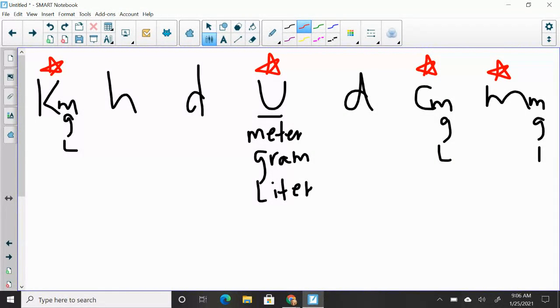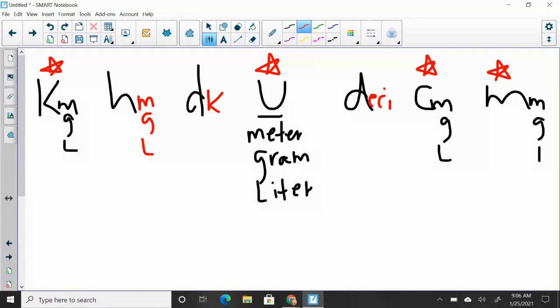It is good to become familiar with these other things. This is decimeter, gram, liter. This is deca, and this is hecto, which I think you just leave the H there. Hectometer, hectogram, hectoliter. Okay. So just like our number system, this metric system is based on powers of 10.